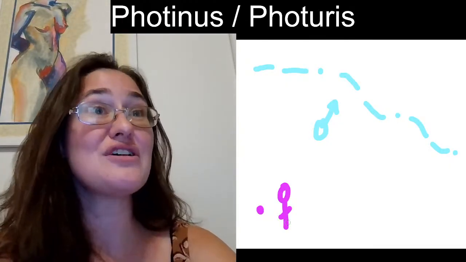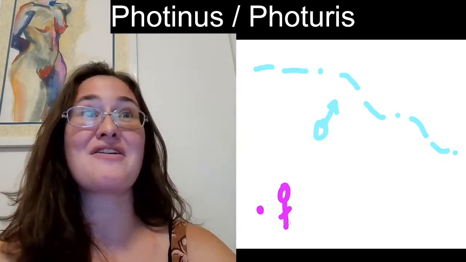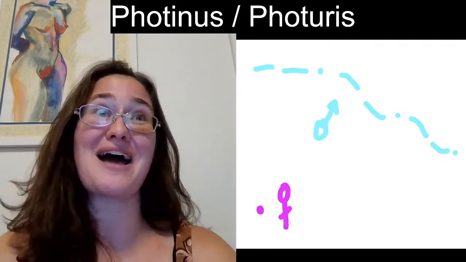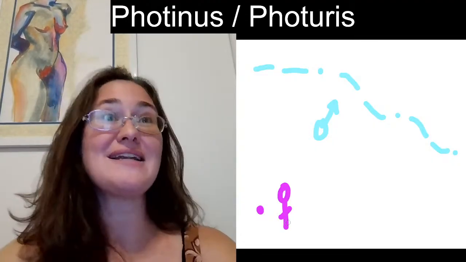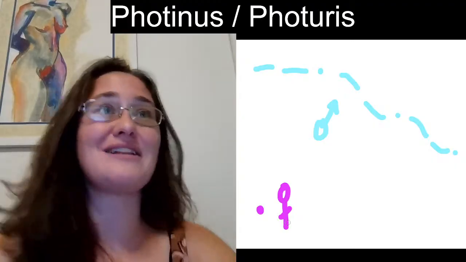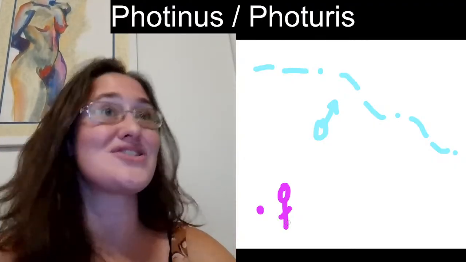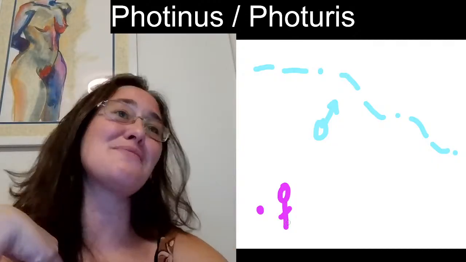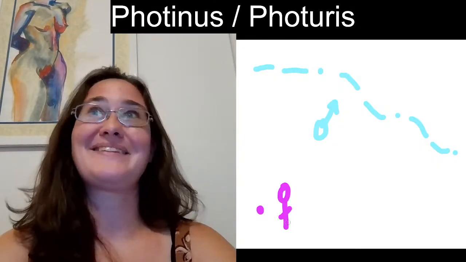But Photurus fireflies will also flash the flash pattern of Photinus fireflies. Then the male Photinus will fly down to the female thinking he's found a lady and he's going to get some and pass his genetics on, and he's all happy and coming down, and then she turns around and eats him.